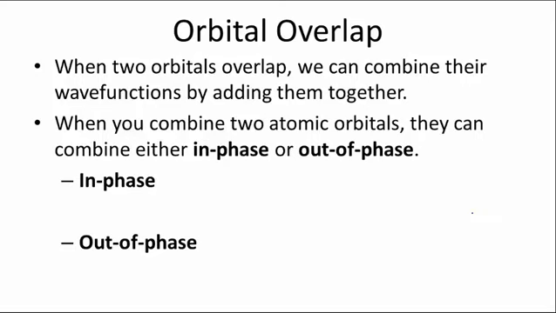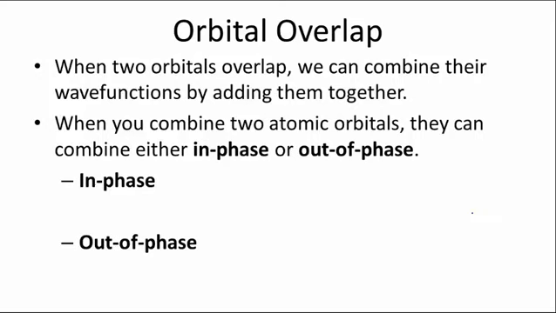Turns out that there are two different ways you could combine them. So one possibility is when you combine the two orbitals, they overlap and they have the same sign. They're both positive or they're both negative.